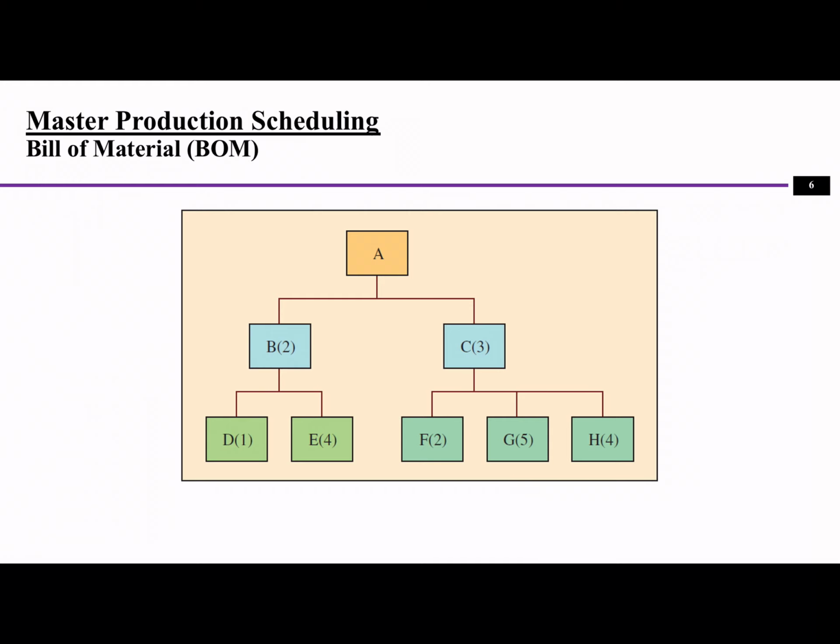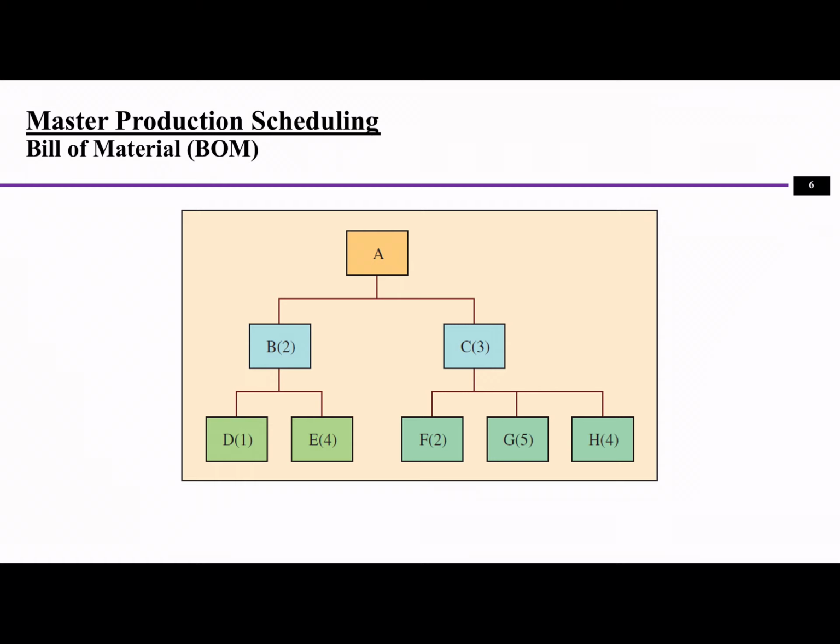All right, in order for us to explode the MRP table, or to generate the material requirements plan, we first need to understand the bill of materials. We have learned in an earlier lecture what a bill of material is. Basically, it is a product tree of the parts composed at the different levels of the whole product.